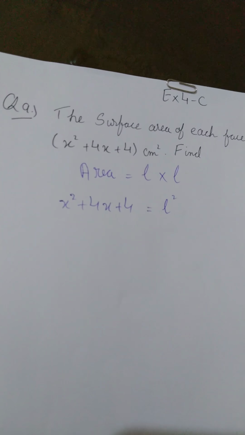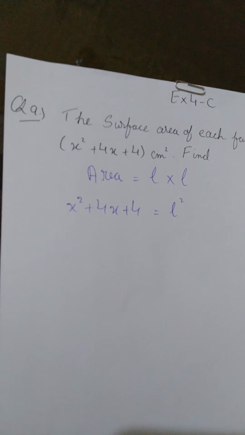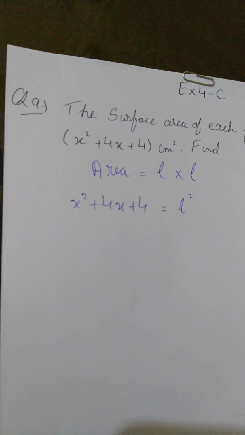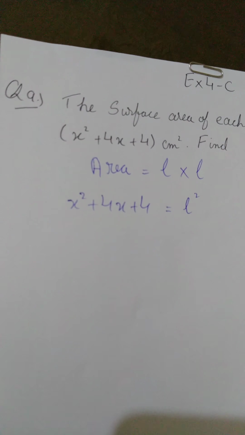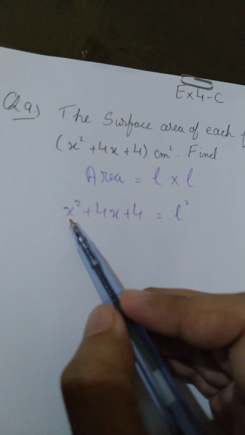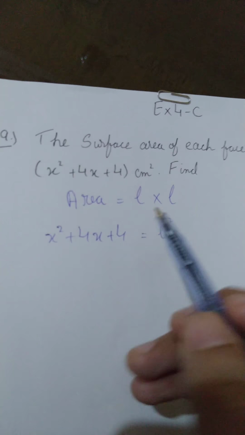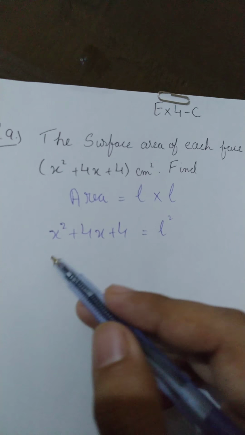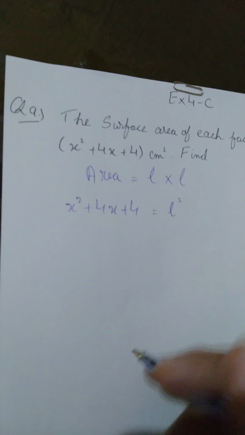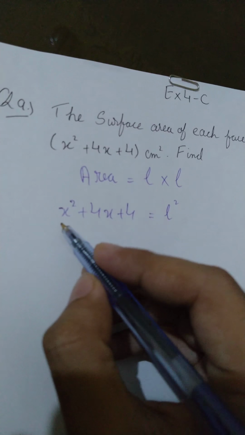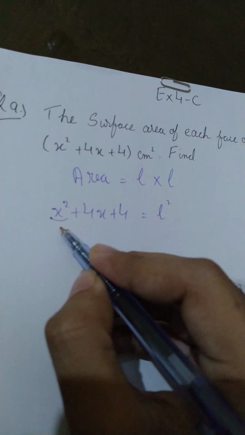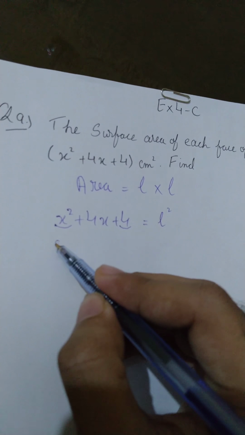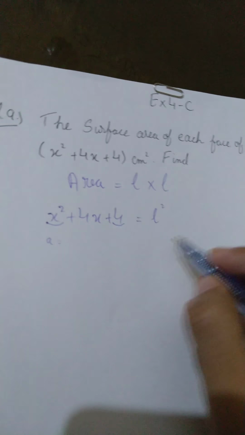If you recall the early questions of this exercise 4C, question 1 and question 2, what we used to do is simplify by finding our A and B, and then apply the formula. The first value will give me the A and the last value will give me the B.